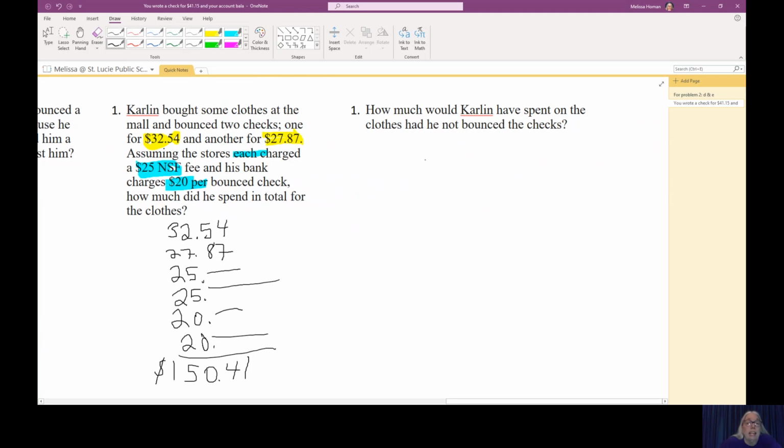So if Carlin had not bounced the check, Carlin would only have spent $32.54 plus $27.87. And the answer to that question is $60.41.